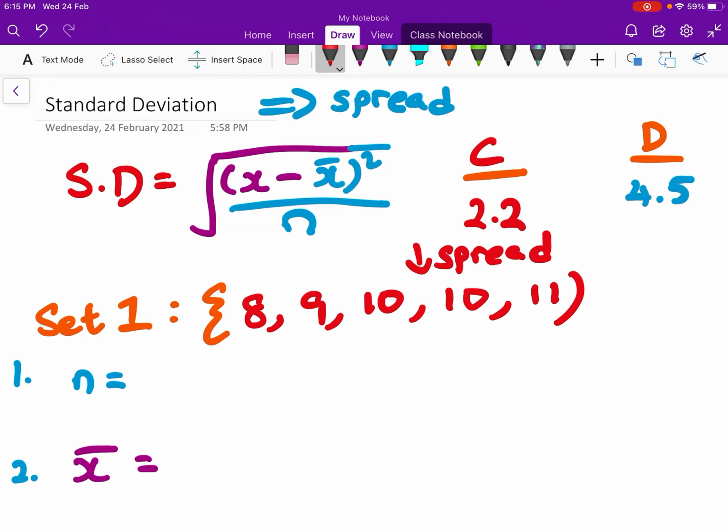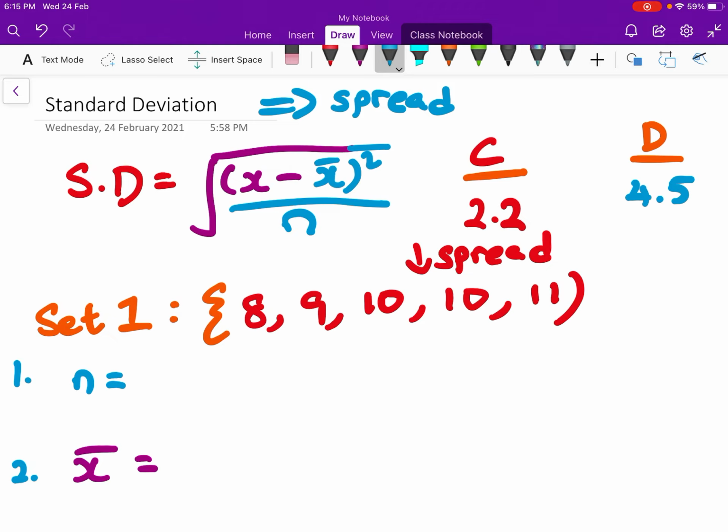For class D, if the standard deviation is higher, it means the results are quite spread out. Some people get 90 of 100, some get maybe 20 of 100. So I can conclude that some of the students are super good in EMATS, and some are quite weak.